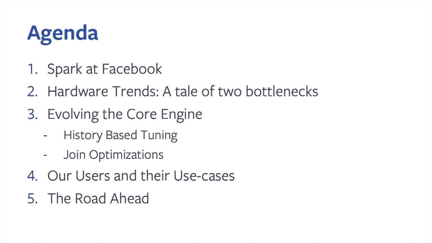Then we are going to talk about some specific optimizations, or some specific themes of things that we are doing in Spark around history-based tuning and join optimizations in the core Spark engine. And then we'll take a deep dive into our users and how they are using Spark in production. And finally, conclude by giving you a sneak preview of the vision of how Facebook thinks of large-scale data analytics in a time frame of 2 to 5 years.